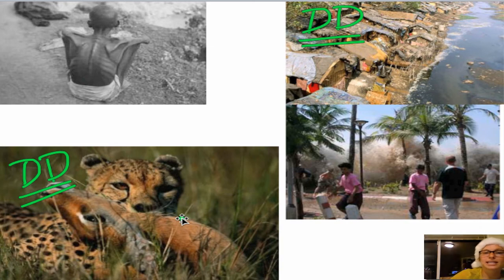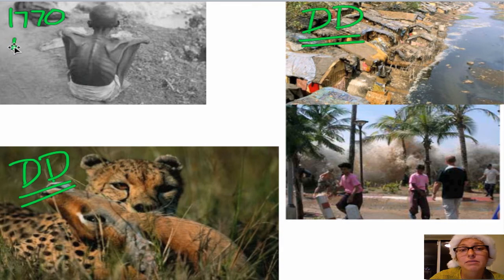Now let's look at these two. This is a hard picture to look at, but I put this to represent famine. And actually, there was a famine that occurred in 1770, and it is the single most deadly, they're calling it a natural disaster that the world has experienced.